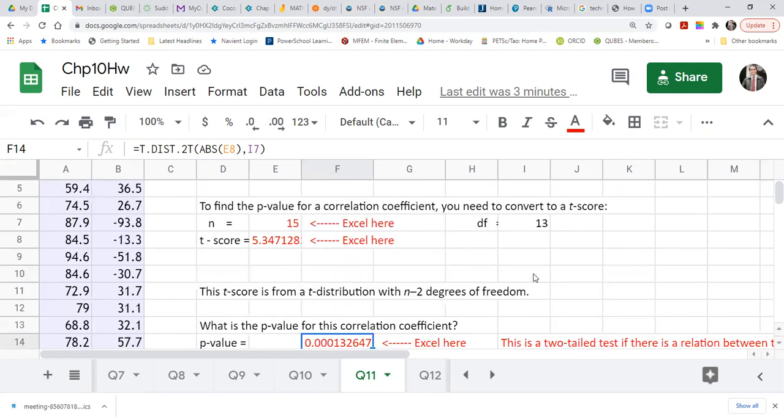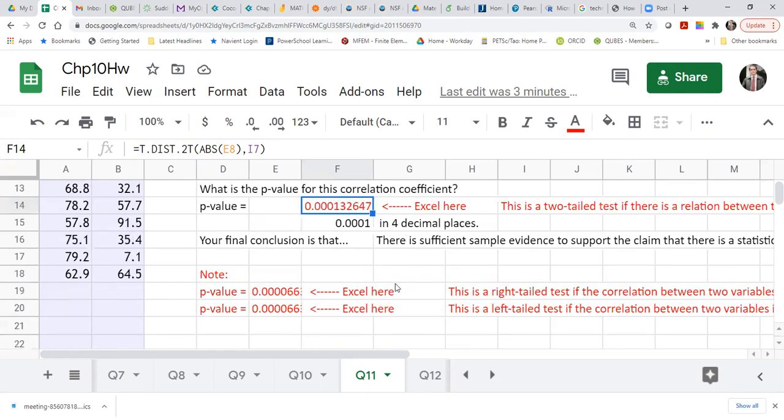So this is the p-value. For the two-tailed test it will be this one, for the one-tailed test it will be this one. This one should be the same, but the other one is twice. So in decimal, the answer is 0.001.